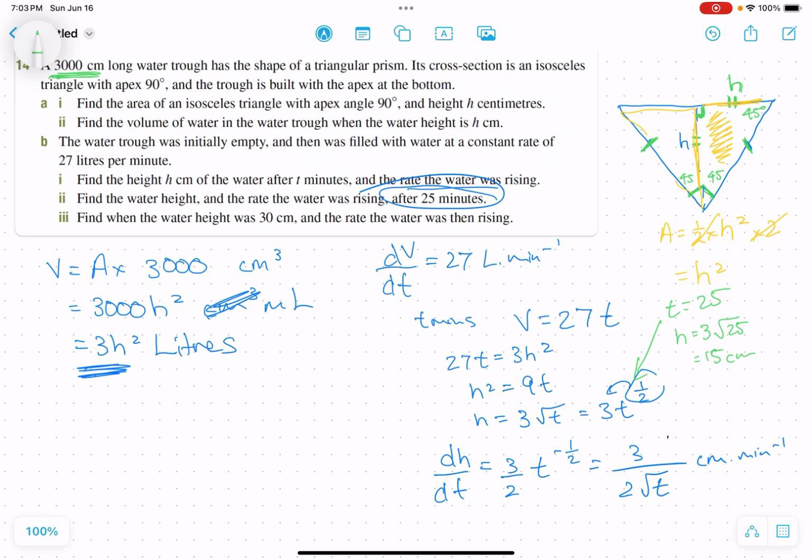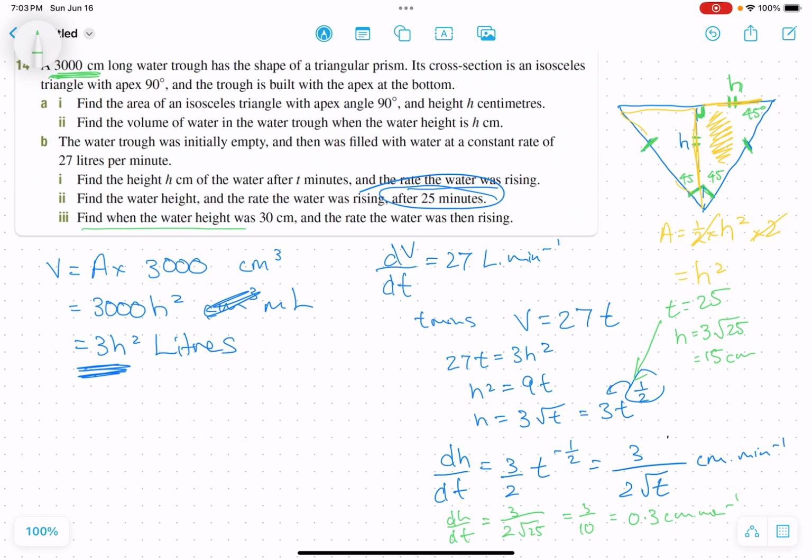And the rate, dh/dt, if I put in 3 on 2 root 25, 25 is 5, so I get 3 on 10, or 0.3 centimetres per minute as the rate of change in the height at 25 minutes.